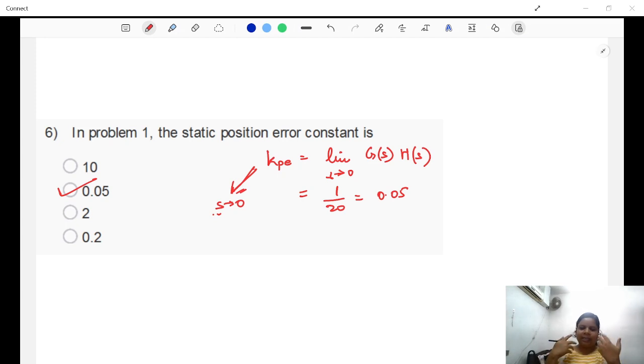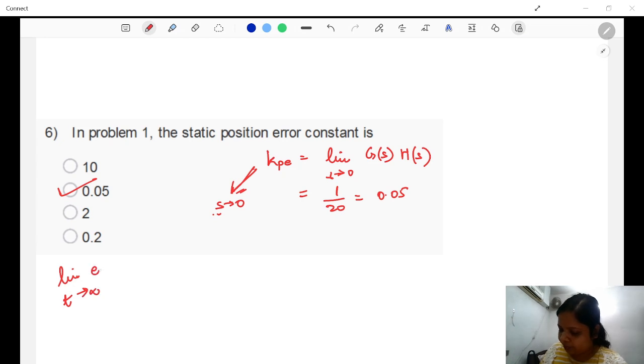Okay, steady state error. Let me clarify this. Yes, we can substitute 1 by 20. I'll tell you why. In time domain, when we want to find the steady state error, it is limit t tends to infinity e(t).